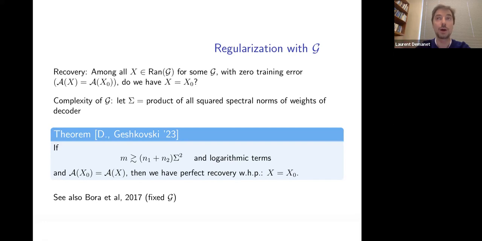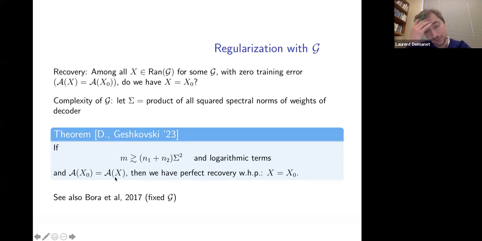So if you operate at the information level of the object you're trying to recover, meaning both the latent variables and the neural network, then you have enough information, meaning enough training samples. The sample complexity is high enough that you have perfect recovery with high probability, X equals X naught, provided the measurements match, meaning the training here is done without error, A of X naught equals A of X.